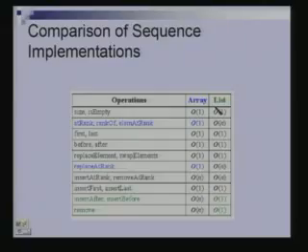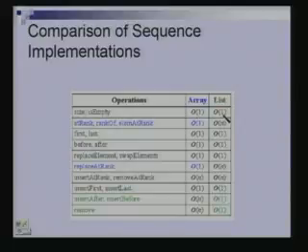So, this is a comparison of the sequence operations. You can implement a sequence using an array in the picture I showed you previously, and you can also implement a sequence using a doubly linked list, and this would be the worst case running times of that.